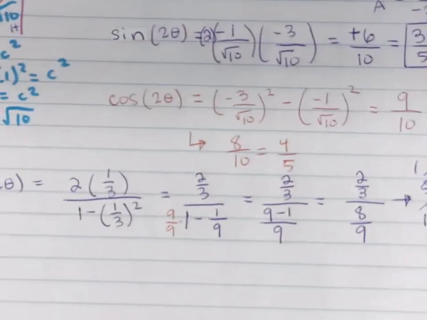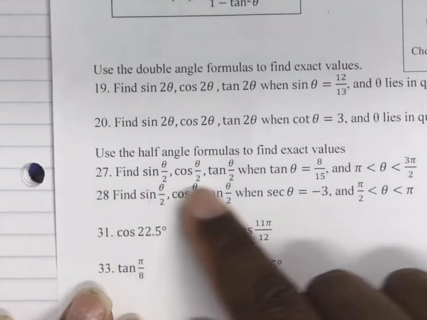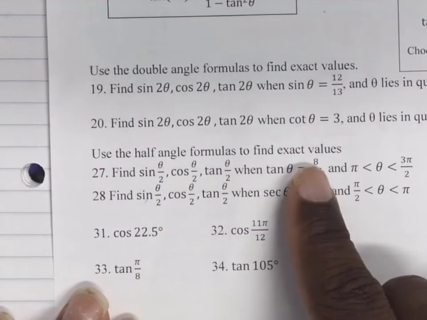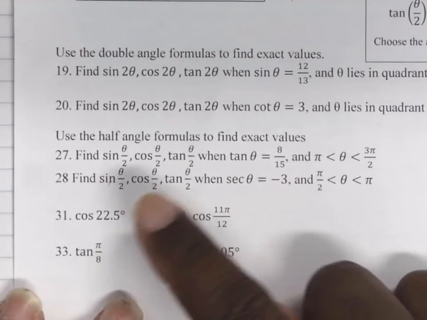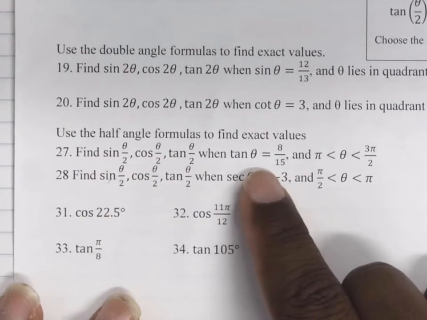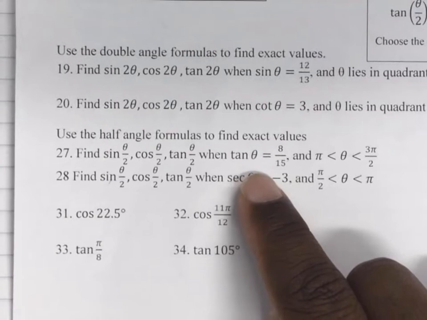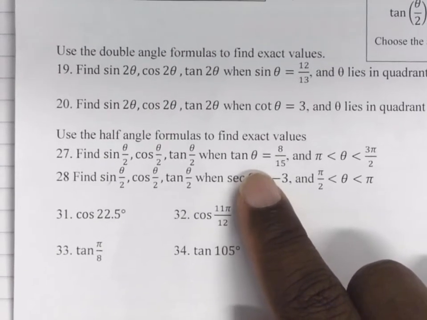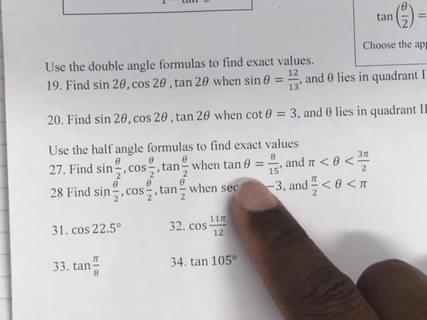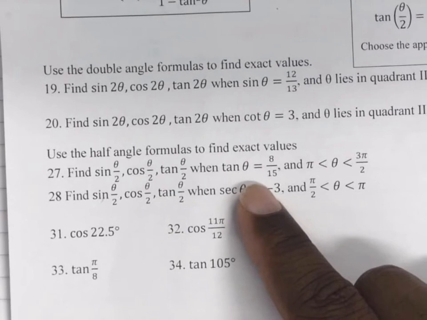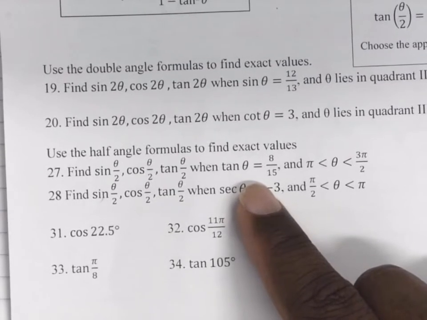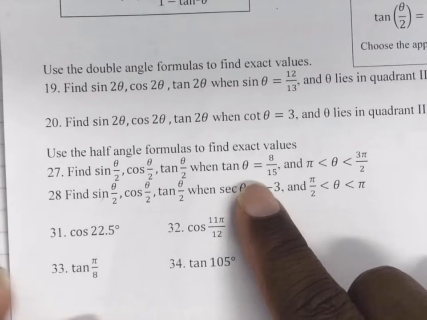All right. So going to number 27, final ones, use the half angle formulas to find the exact value. In these first two questions, we start off not knowing what the half angle is, but it gives us ratios for theta. So we'll draw our triangle, find our other ratios, and be able to use the formulas.